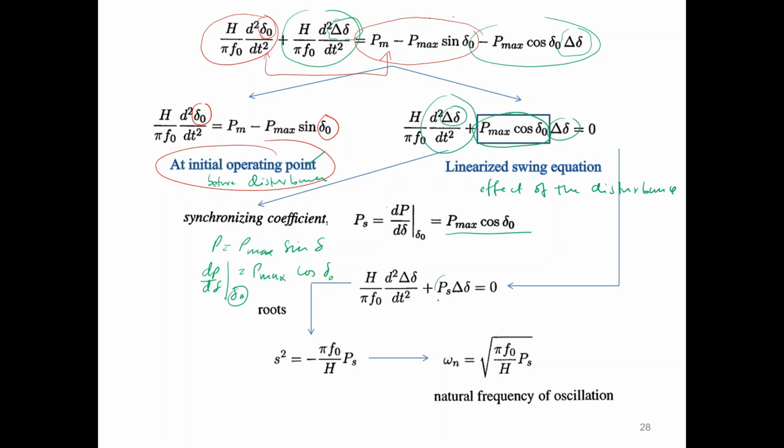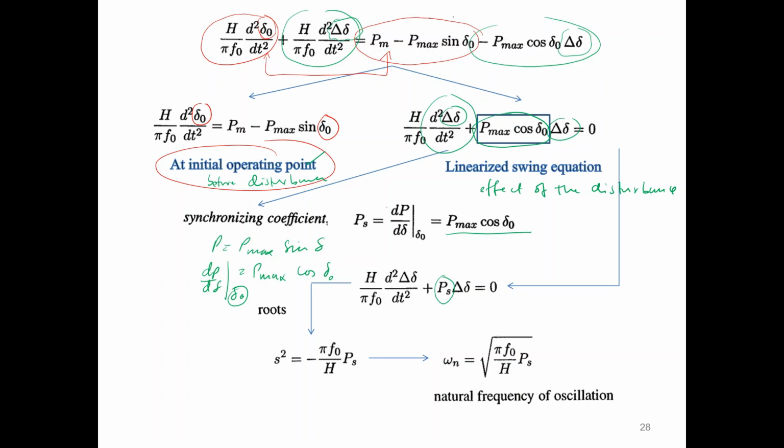If we substitute this by PS, we get the second order differential equation with the natural frequency of oscillation, omega n, and you can get the root and define the natural frequency of oscillation.